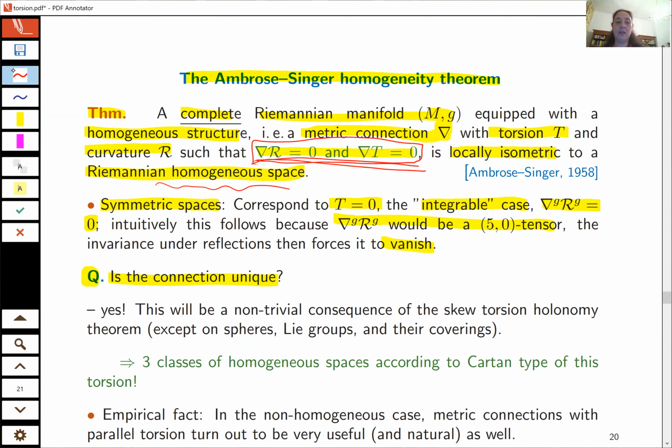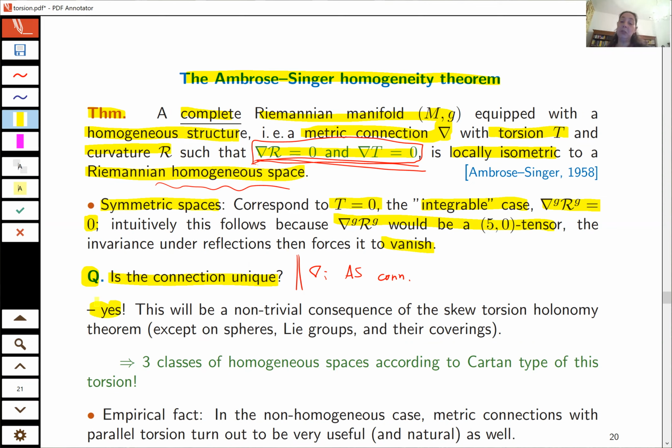So first, if I have such a connection, nabla, then this will be called an Ambrose-Singer connection. Any connection fulfilling the properties of the theorem, meaning these two equations, will be called an Ambrose-Singer connection. So an Ambrose-Singer connection on a given manifold is normally unique.